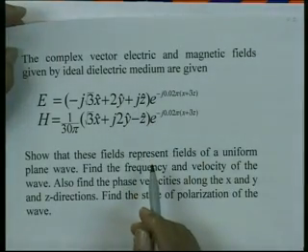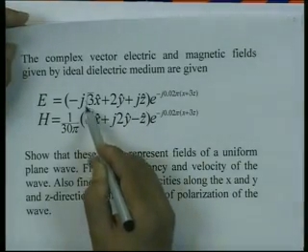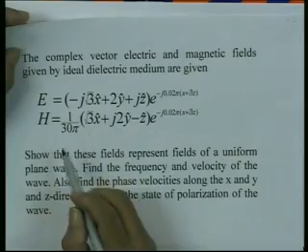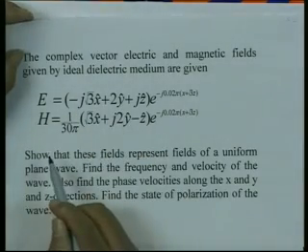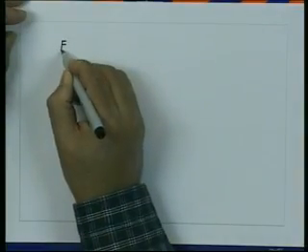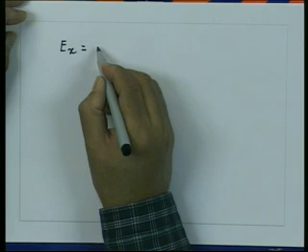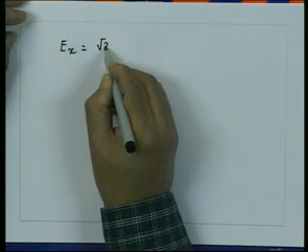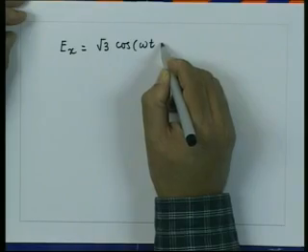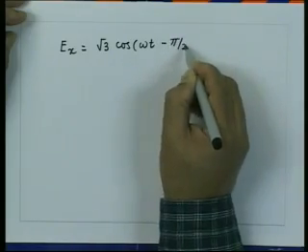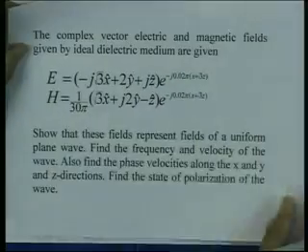Here the magnitude is root 3 and there is a minus j, so this x component can be written as E of x equals root 3 cos of omega t minus pi by 2, which corresponds to minus j.